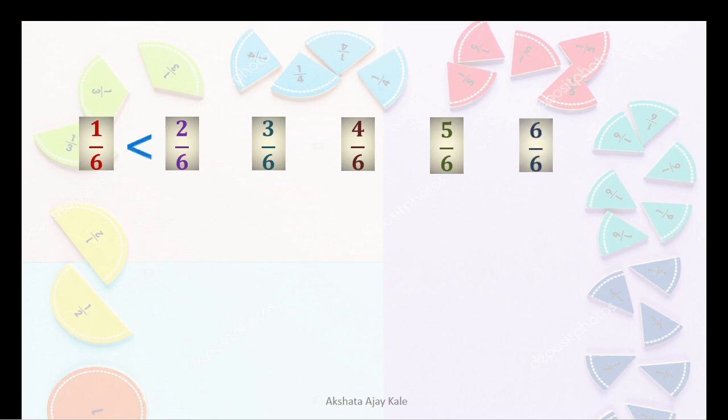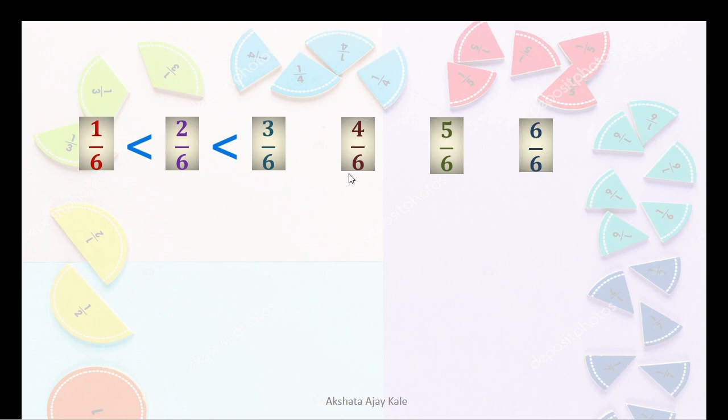Yes, here 2 upon 6 is greater than 1 upon 6 because in the first only one part is colored, and in 2 upon 6 two parts are colored, and 3 upon 6 is bigger than this one because 3 parts are colored, isn't it?